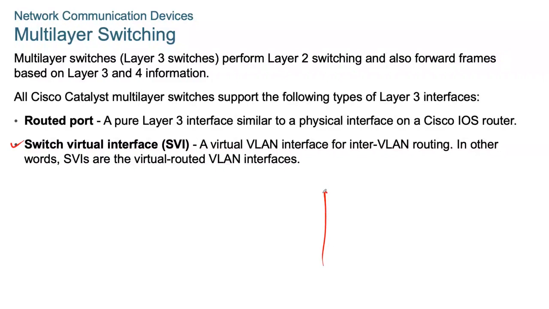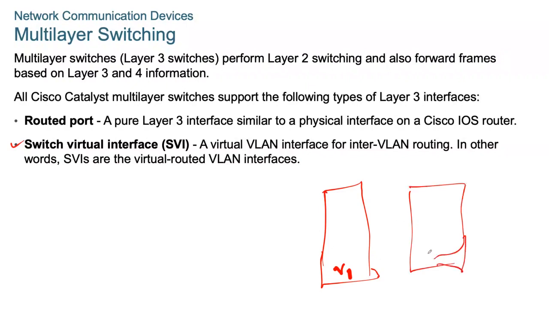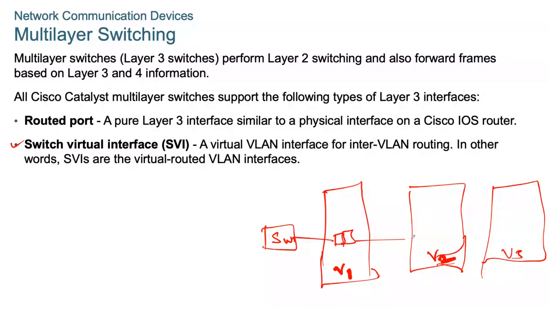That is, as we said, all the devices will be divided into virtual LAN 1, virtual LAN 2, and suppose virtual LAN 3, grouped together. All the computers connected with the same switch are grouped in this way.